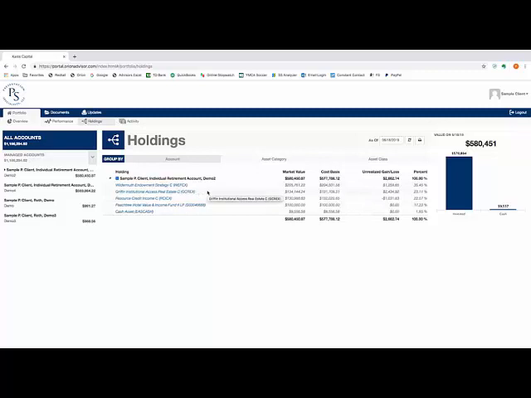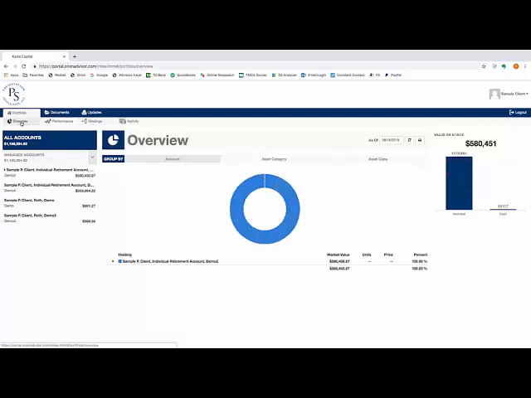So if you've got a husband and wife, and the husband has certain things that they own in their IRA, the wife has certain things they own, you want to just look at one account, you can look at all the holdings together, completely up to you how you do that. I'm going to go back to the overall.